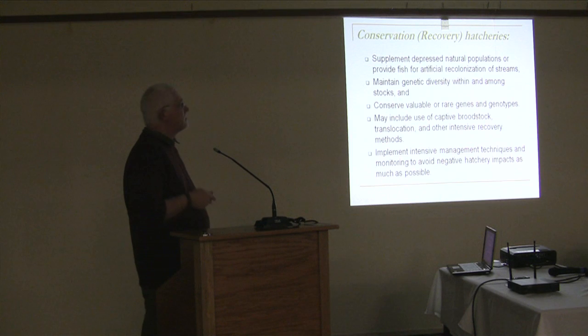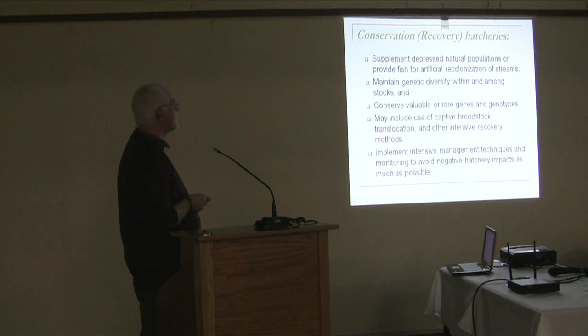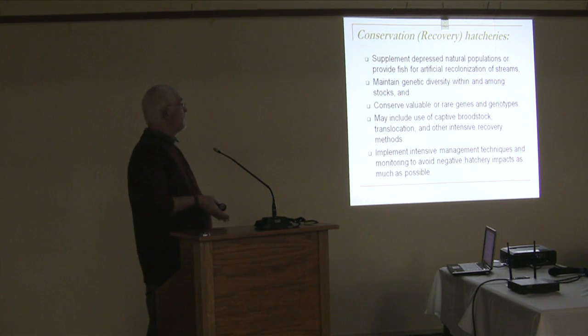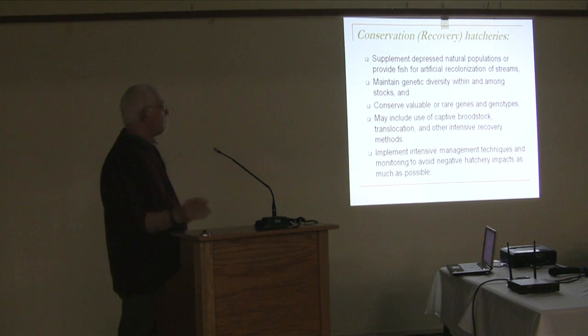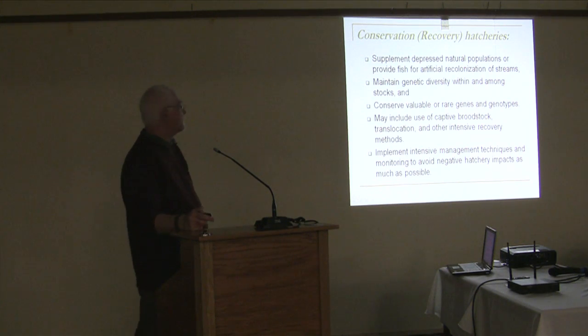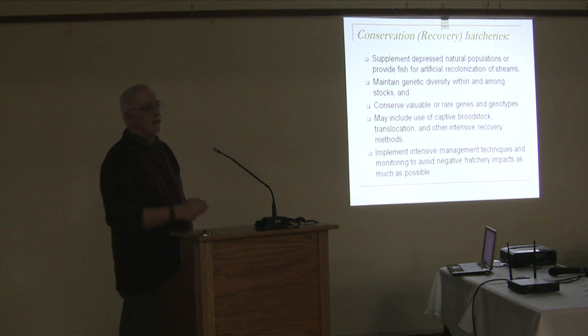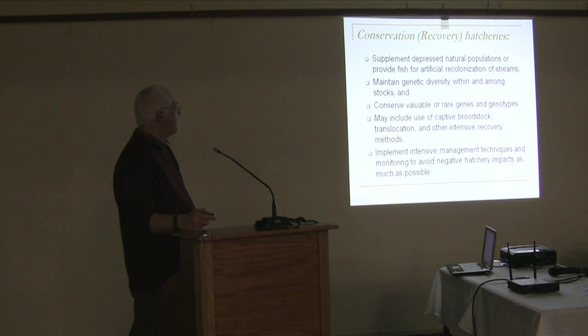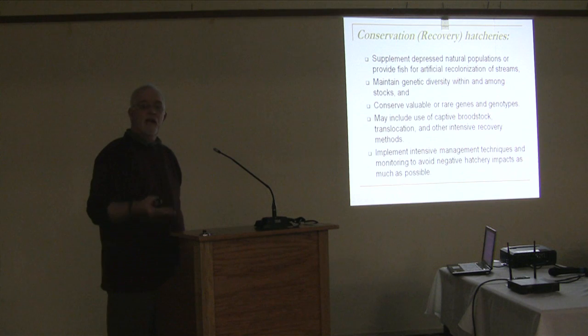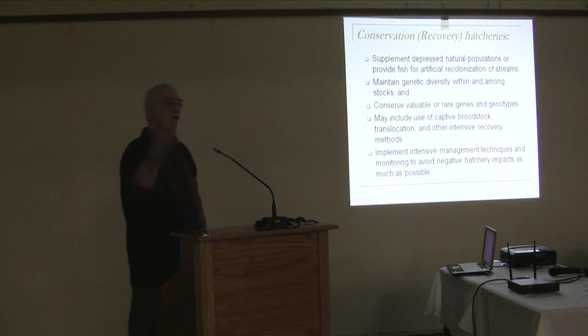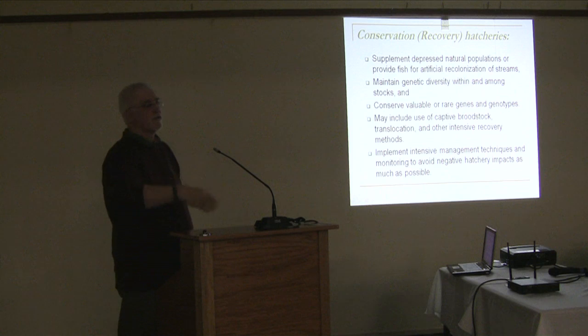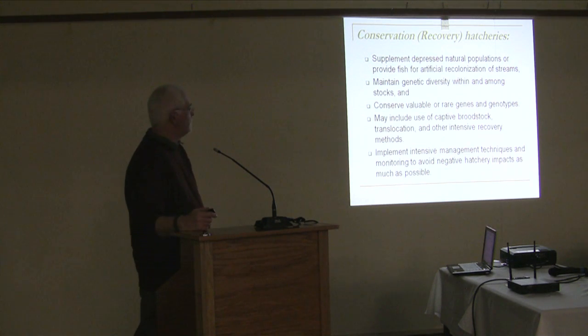The purpose of them is to supplement depressed natural populations to provide fish for artificial recolonization. The idea is to maintain genetic diversity of all kinds and to conserve valuable or rare genes and genotypes. The techniques that can be employed might be standard hatchery programs where adults return, you spawn those fish, and then you return the juveniles to the stream.